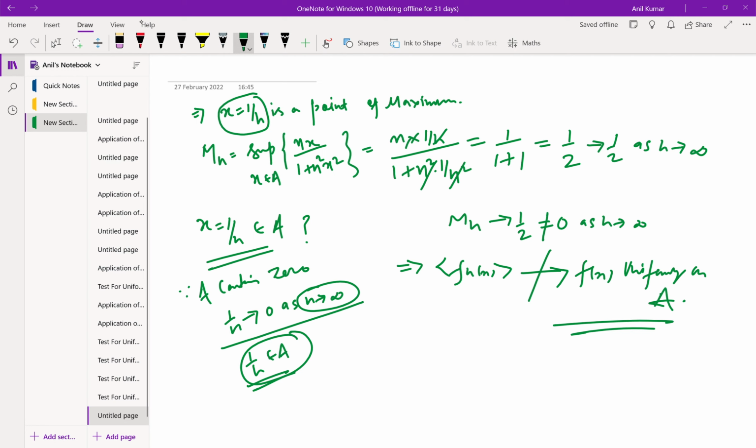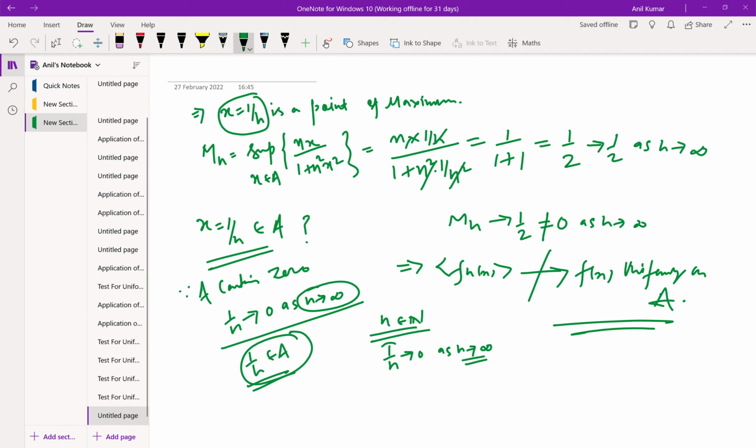I think you may not understand how x equal to 1/n is a point of this set A. Look, n is coming from the set of natural numbers, so we can find 1/n as close to 0 by taking n towards infinity.